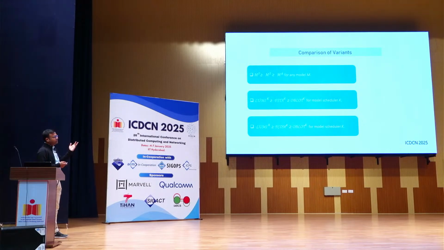Since the fully synchronous is a stronger scheduler, and the asynchronous is a more general one, obviously we will have more problems that can be solved in fully synchronous than asynchronous. So for this first one, for any model, this is not less powerful than synchronous, not less powerful than asynchronous.